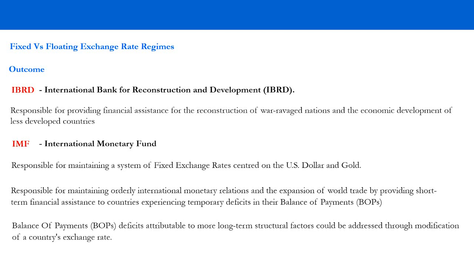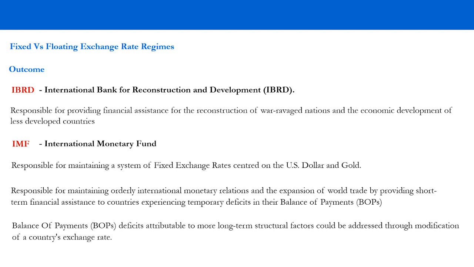The IMF was given responsibility for maintaining a system of fixed exchange rates centered on the US dollar and gold. And they were also responsible for maintaining an orderly international monetary system and the expansion of world trade by providing short-term financial assistance, if it was required, to countries experiencing temporary deficits in their balance of payments.